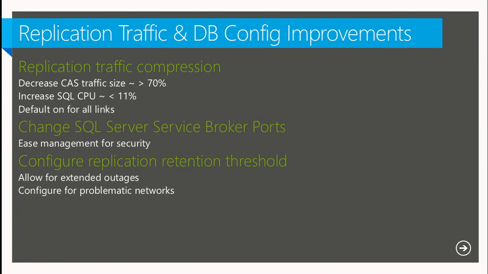So what you see here is we have decided to default this particular compression to on so that you get that benefit, even though it takes a little bit less than 10% in general of your CPU time on the SQL server, you gain a whole lot of compression over the network.